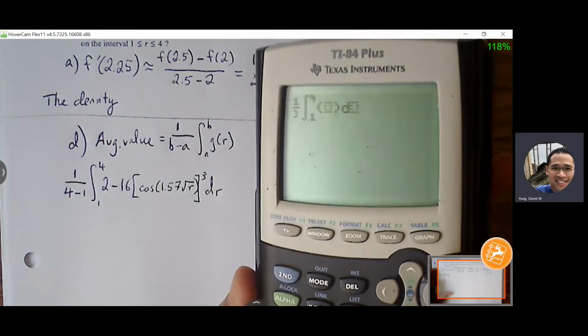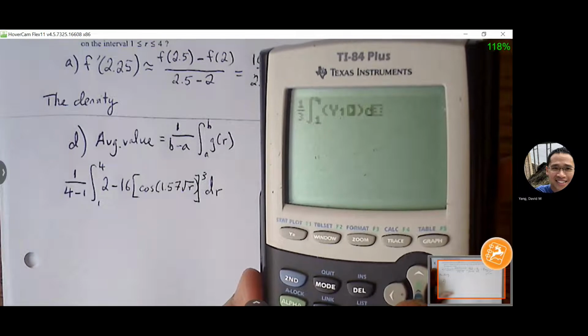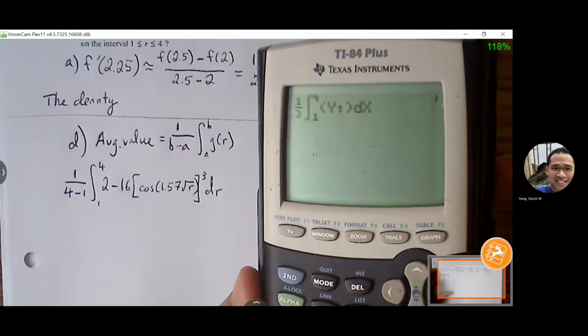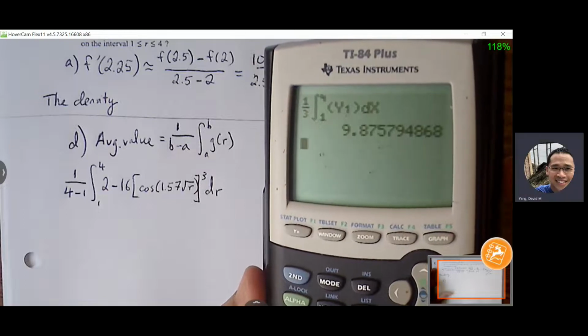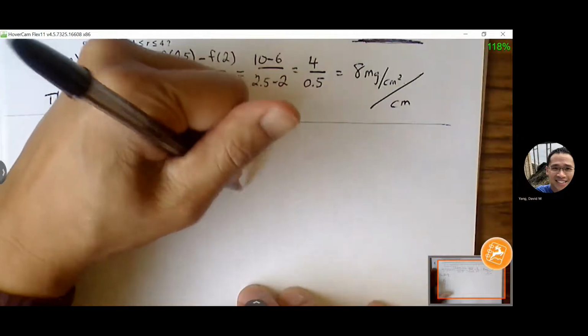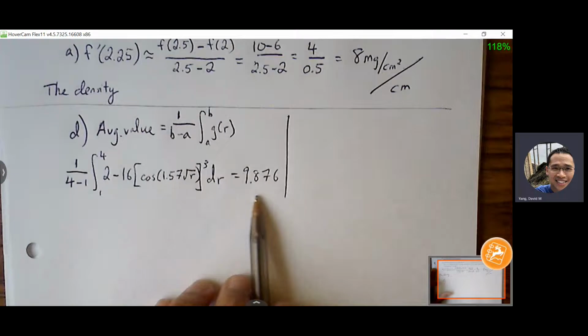Rather than typing it all in, I can just refer to that function: vars, y vars, function, dx. Okay, 9.876. There's my average value.